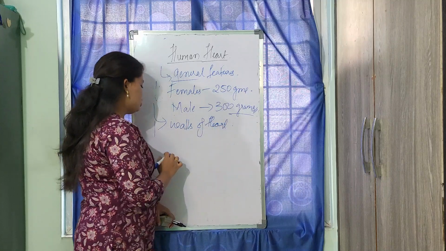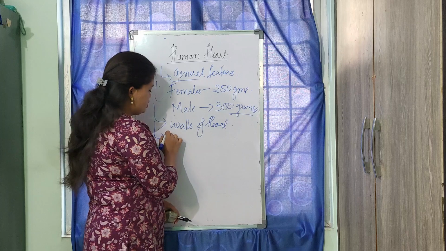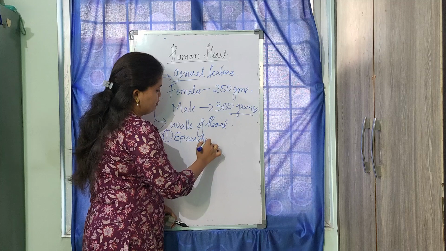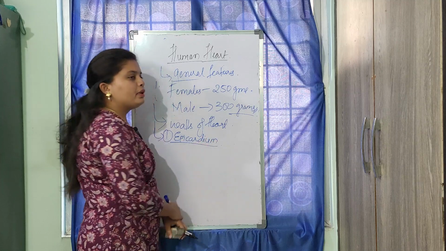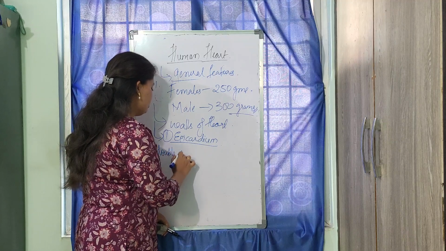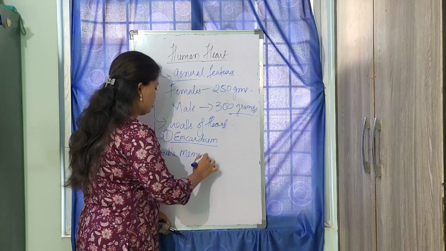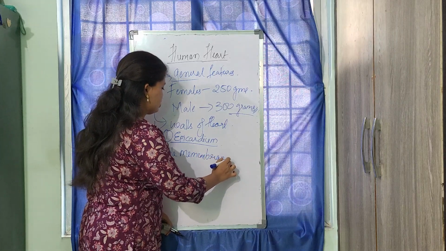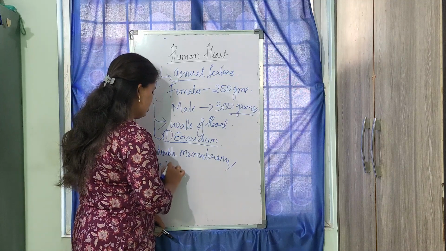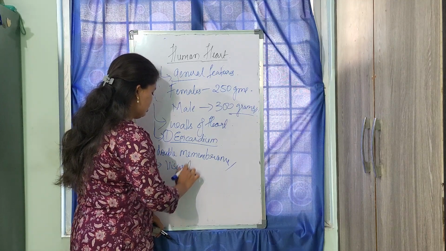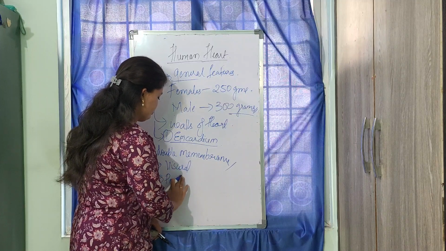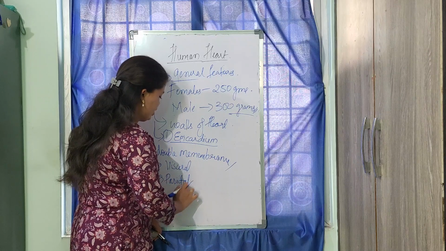When we talk about the walls of the heart, there are three walls. First one is the epicardium. This epicardium is a double membrane structure. One layer is the visceral layer.